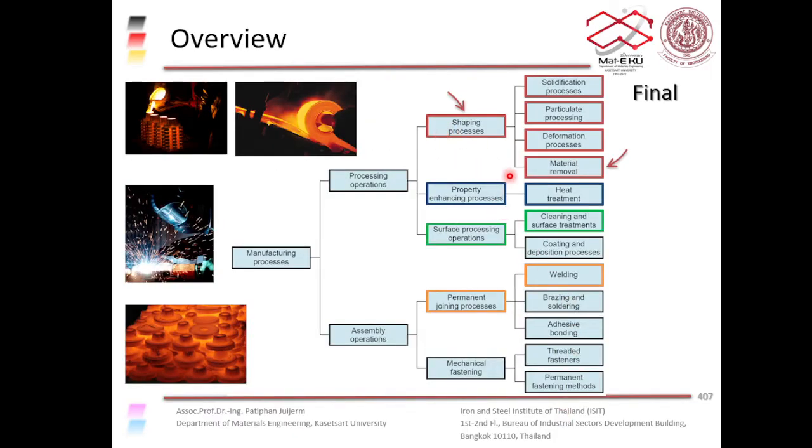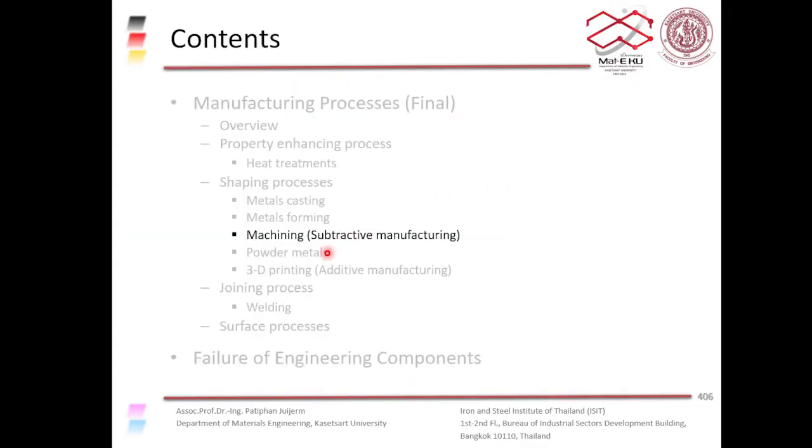So the shaping process that we're going to look at today is material removal process, which is commonly known as machining process, and sometimes it's referred to as subtractive manufacturing.